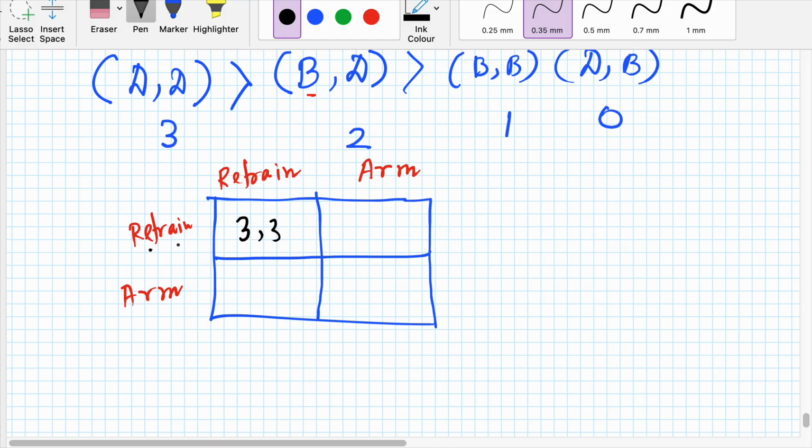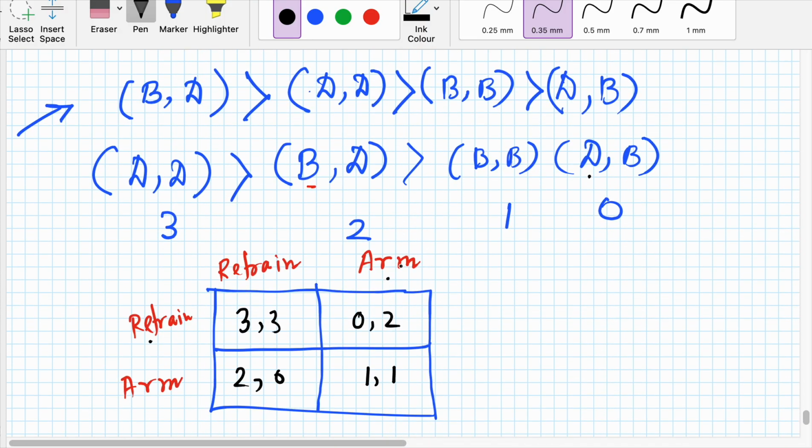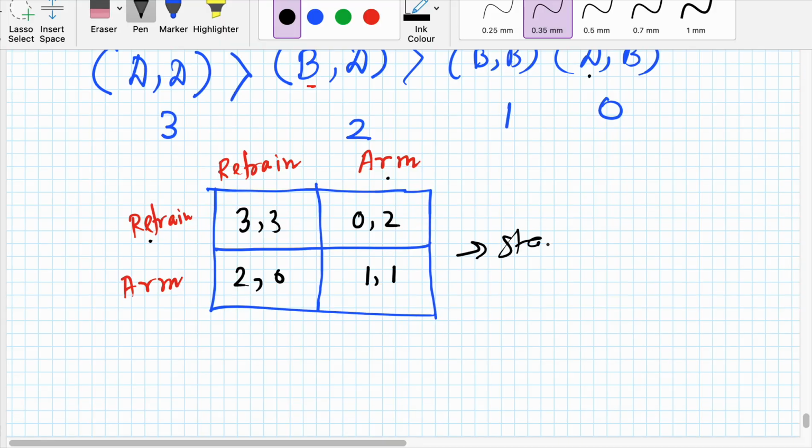If one refrains and the other arms, that is least preferred, so this is 0, 2, and again 2, 0, and if both of them make the bomb, that is 1. So this is again represented by the stag hunt game.